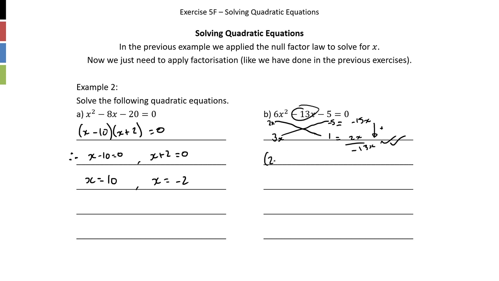So we get a factorising of 2x plus 1 bracket 3x minus 5 equals 0. Therefore, each bracket equals 0, then we just complete. So we get x equals negative 1 on 2 and x equals 5 on 3. There we go. We have done our solution.